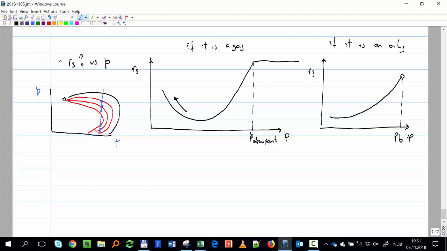So two more properties are very important in black oil that we also have to generate with black oil. One of them is the viscosity of the gas.